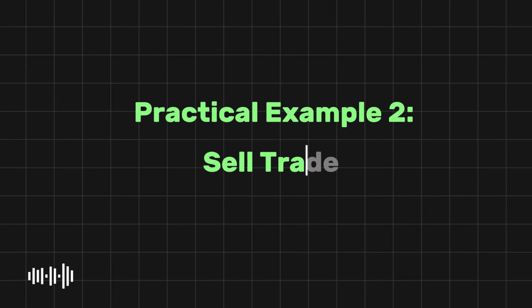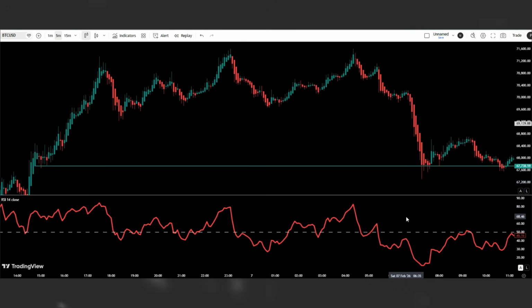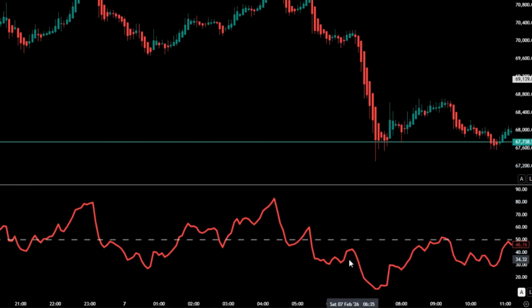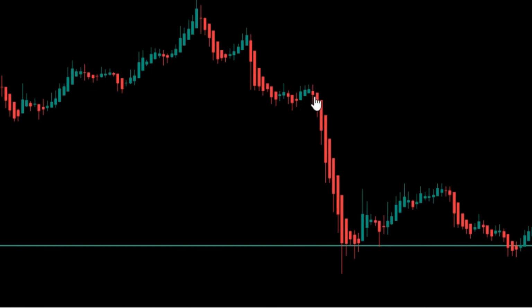Practical example number 2, sell trade. Now let's look at a sell example on a 5-minute chart. RSI is at 40, showing a strong bearish trend. This means we only look for sell setups. On the chart, you can see red Heiken Ashi candles forming in a row. The first red candle without the upper wick is our entry signal.